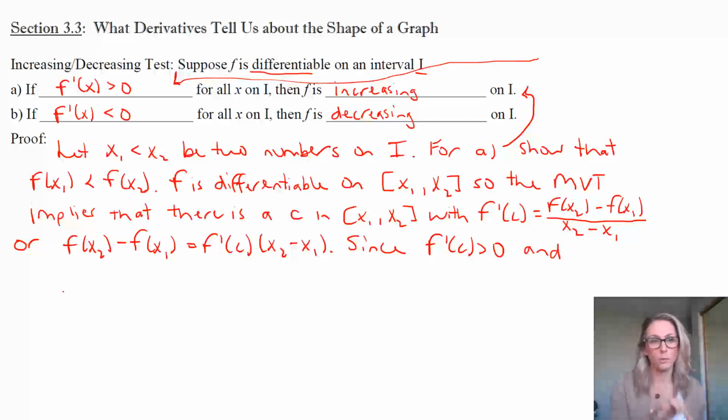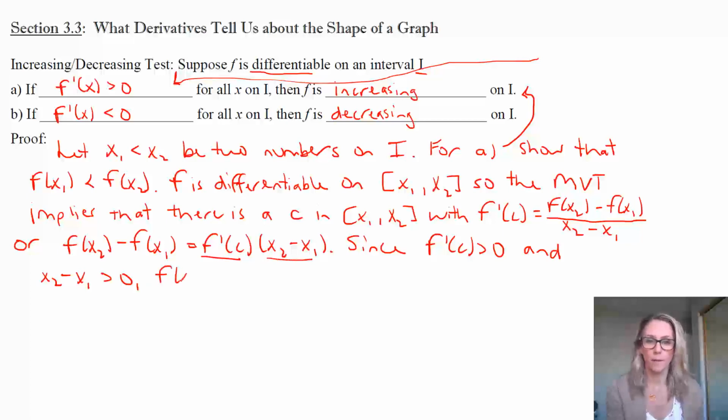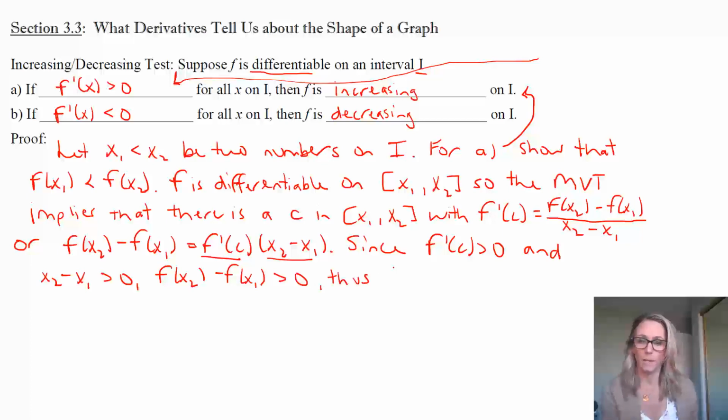And since x2 is greater than x1, we know that x2 minus x1 is also greater than 0. So really all we're saying here is that this piece is positive and this piece is positive. So that means that f of x2 minus f of x1 is also going to be greater than 0, because that's an equation. And then that tells us that f of x2, moving the f of x1 to the other side, is greater than f of x1.